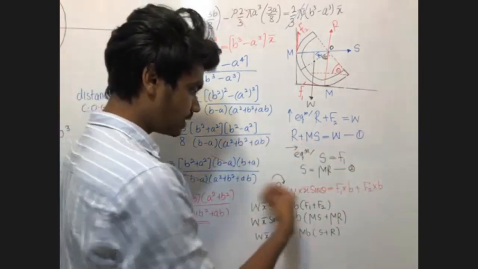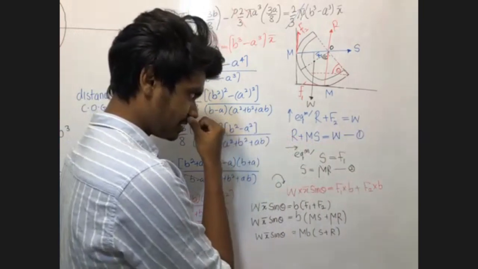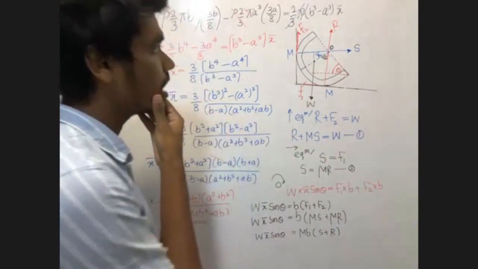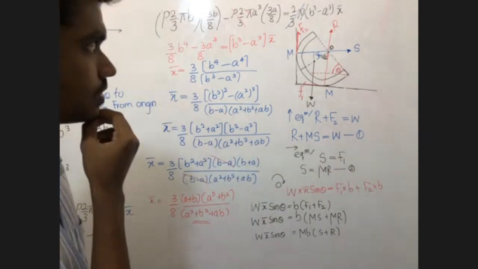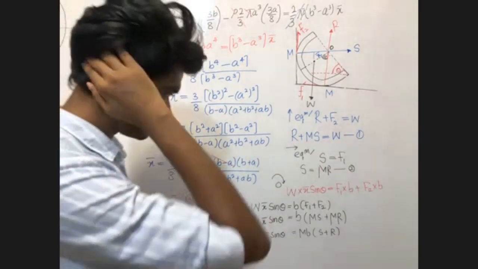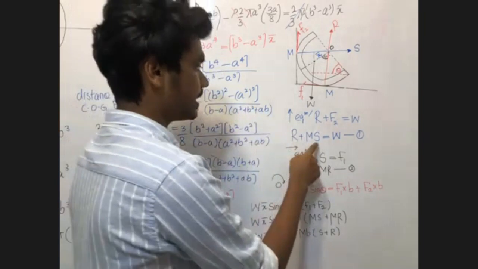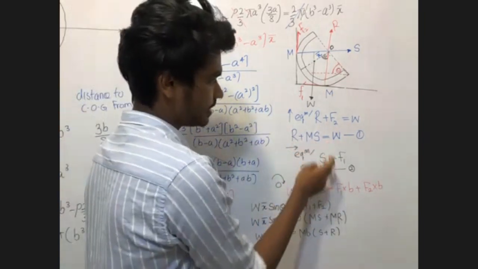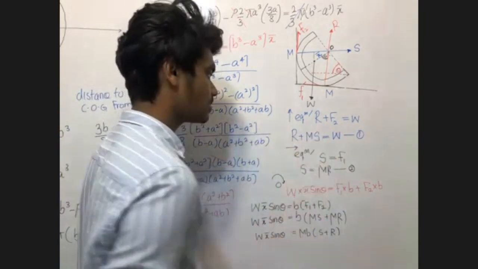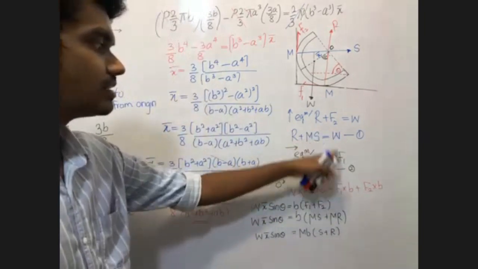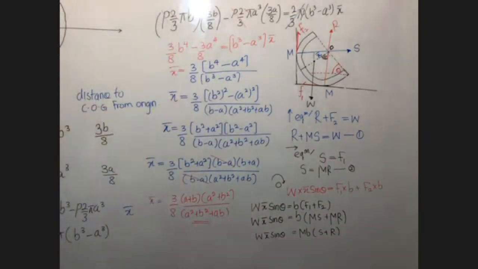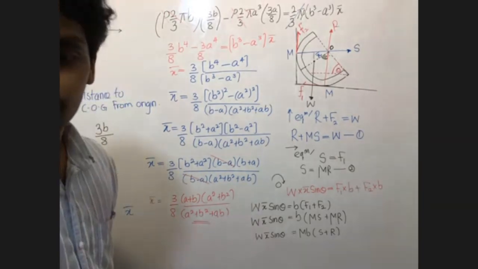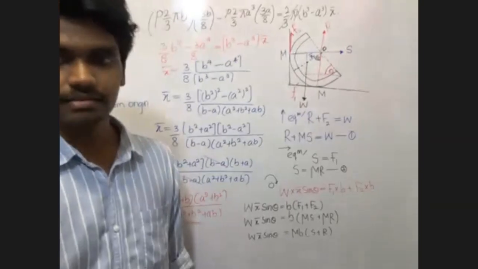Somehow we need to eliminate this S and R. So I will have to find S and R now somehow. Two unknowns, two equations. Shall I use the space below? I will use the space on that side.